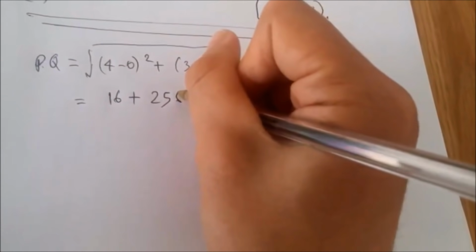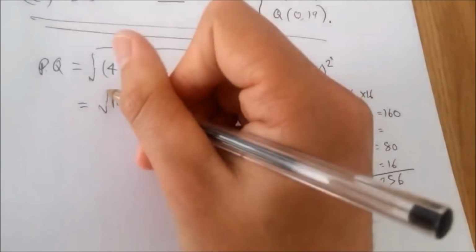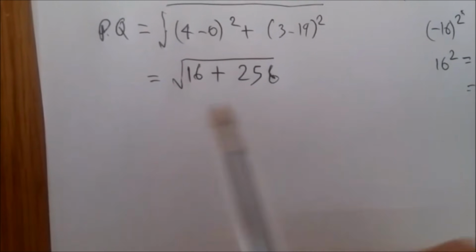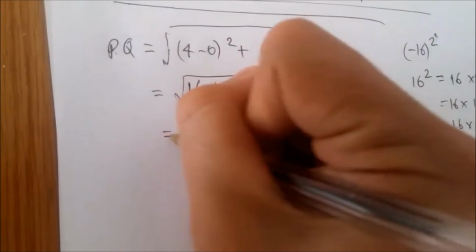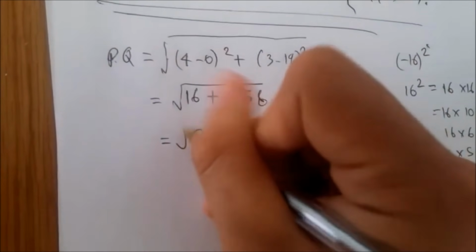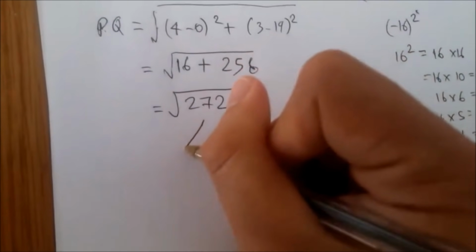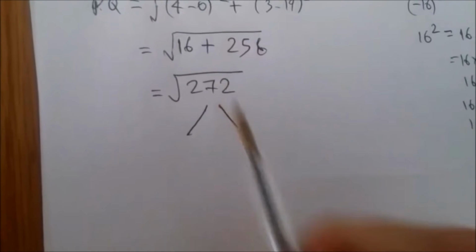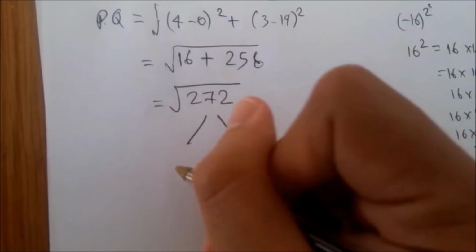Again, if you already know this, then definitely skip parts of this. This is just all mental maths now. So the final step, adding these two together, 16 plus 256 should be 272. So again, mental maths. Let's break this in half, so halving this number, always work with a half.